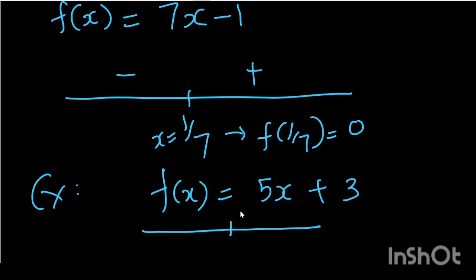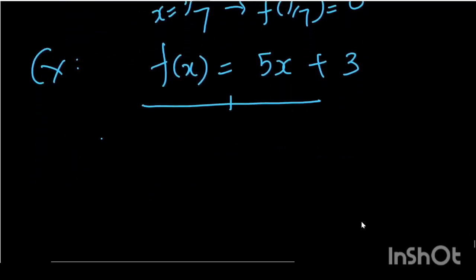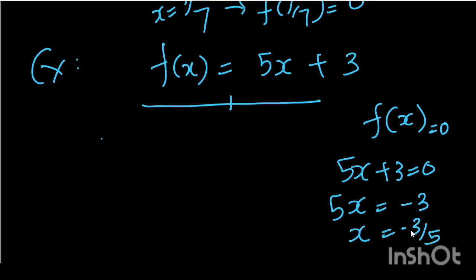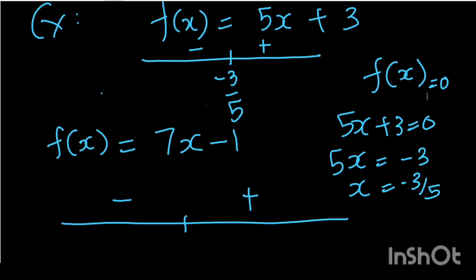So yes, f(x) becomes 0 at 5x plus 3 equals 0. So x equals minus 3 by 5. So at minus 3 by 5, this linear polynomial vanishes. Okay, and again we can plot this sign as plus and minus using the same discussion that we did for f(x) equals 7x minus 1.